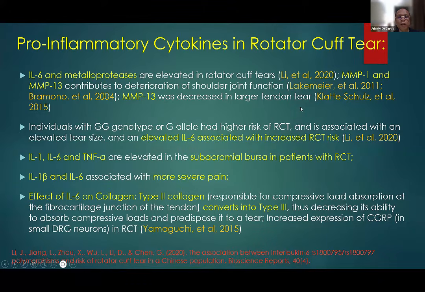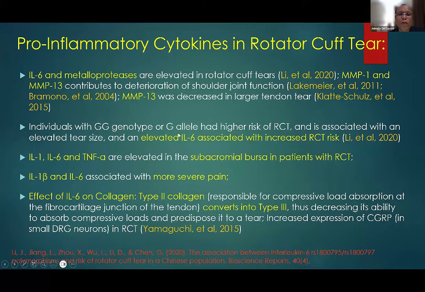So if there is a large tendon tear, matrix metalloprotease 13 may not be present at all, or it may be decreased. And then, of course, for those with a higher risk of rotator cuff tear, there could be an elevated interleukin 6 associated with an increased RCT risk.